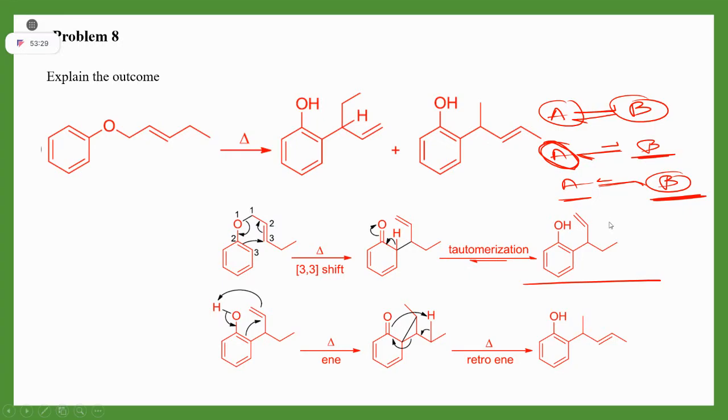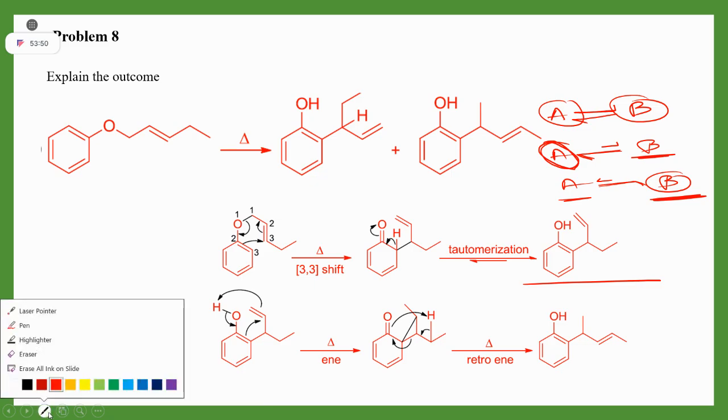Since you have this product of your Claisen rearrangement, and you know that allylic hydrogens are there, and this is your ene reaction, first the ene reaction will take place. Hydrogen will go from there and transfer to this alkene. Now this three-membered strained ring system has been formed. Let me highlight it.